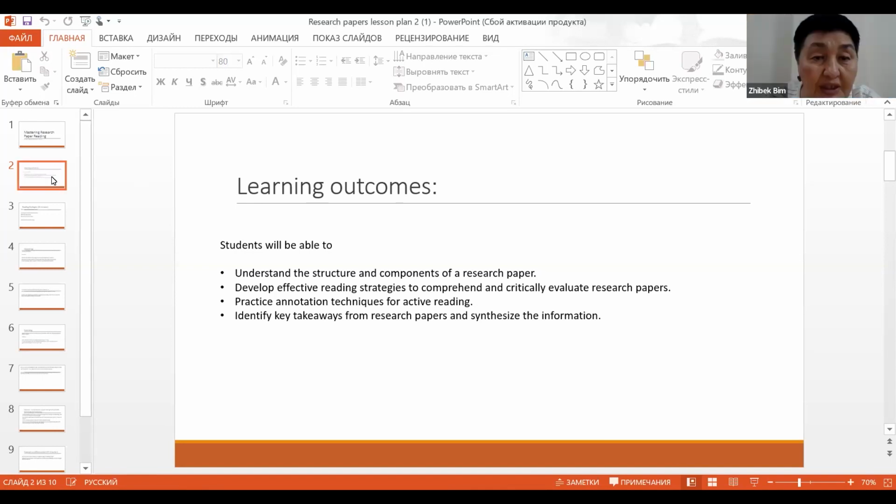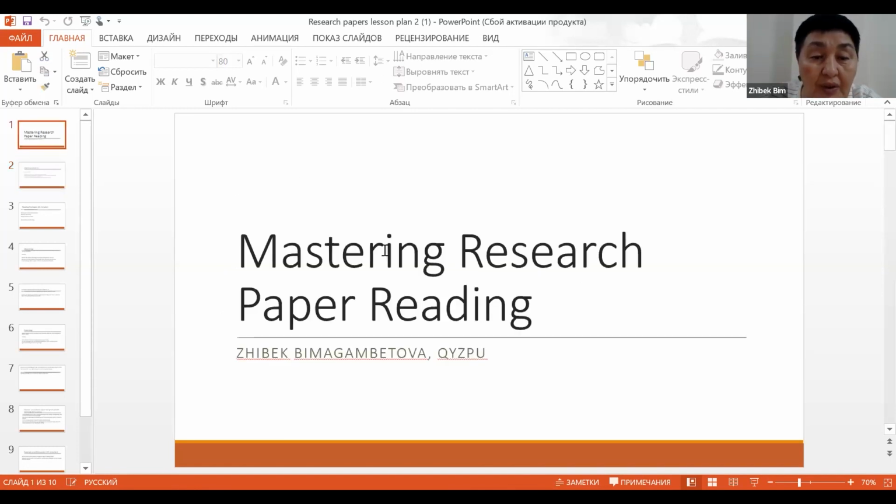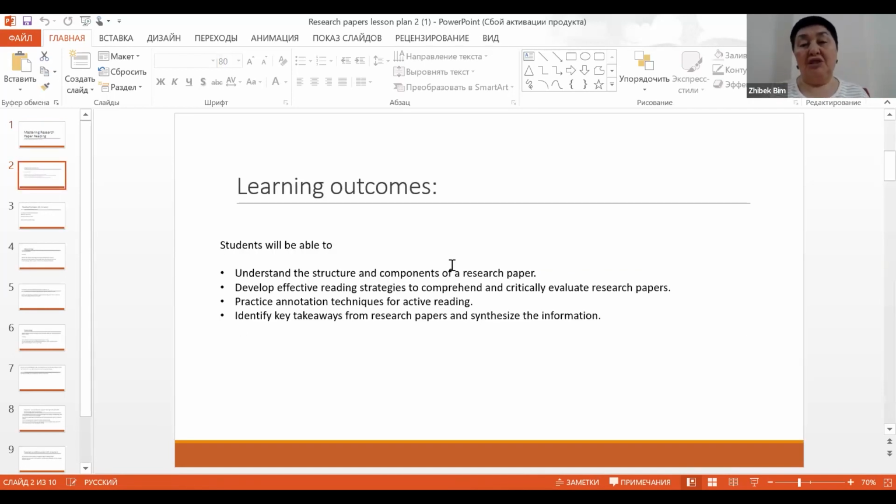Today we will continue mastering research paper reading. You see, what does it mean? Of course, it means we need to learn how to read research papers effectively. For that, we have the same learning outcomes.